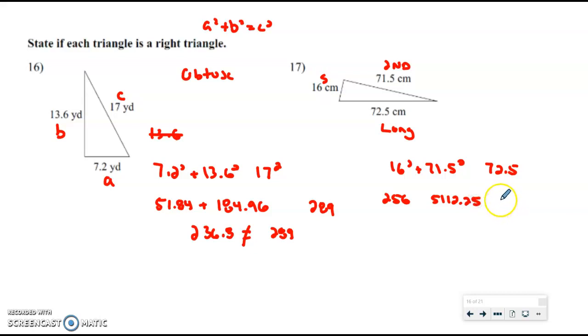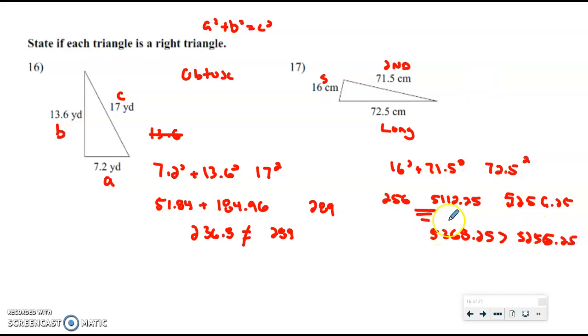And if I compare that to 72.5, oh, I have to square that side. I forgot to do that. So that's going to be 5,256.25. And then if I add these two together, that turns out to be 5,358.25, which is bigger than this side, 5,256.25.